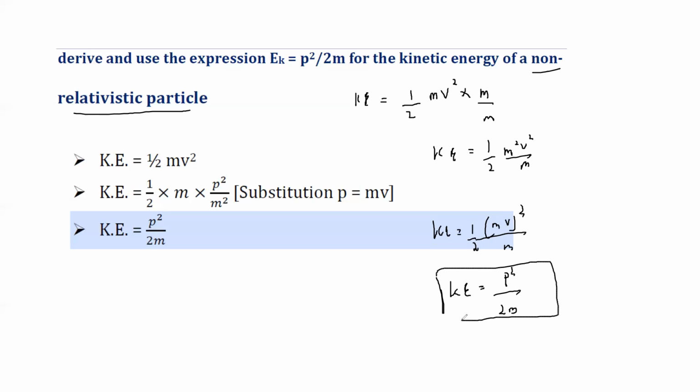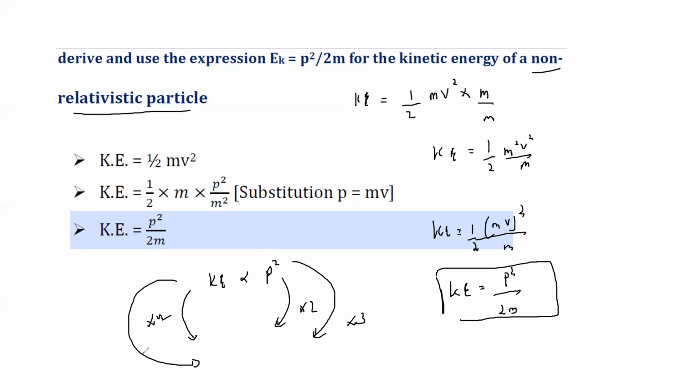So what is the relation between momentum and kinetic energy? Kinetic energy is directly proportional to momentum square. Means if we double the momentum, the kinetic energy will increase by 4. If we triple the momentum, if momentum is multiplied by 3, the kinetic energy will increase by a factor of 9.